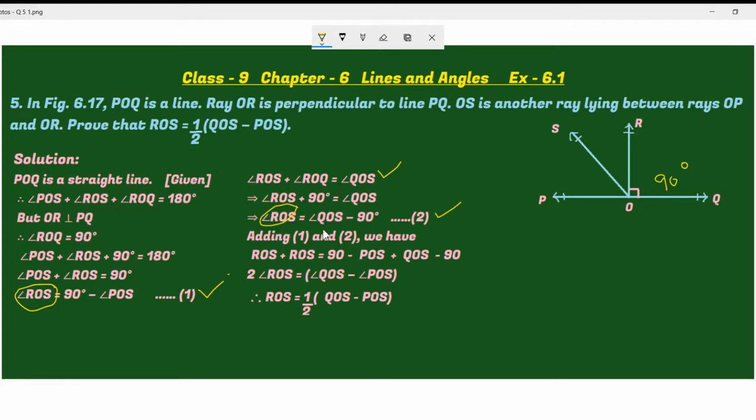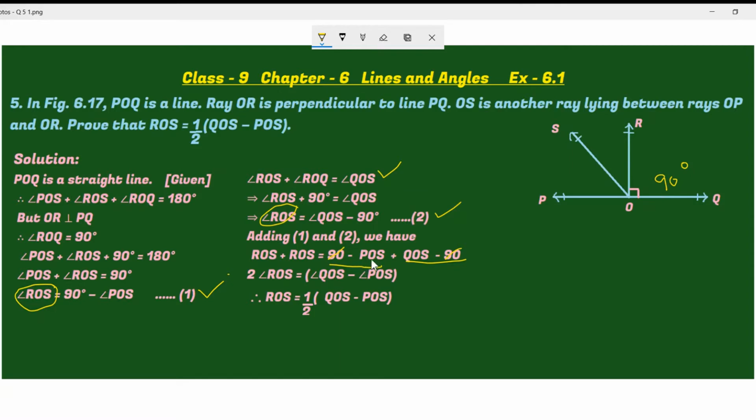ROS plus ROS is equal to, adding both right hand sides, 90 degrees minus angle POS plus angle QOS minus 90 degrees. Here this is plus 90 and this is minus 90, so you can cancel these two.